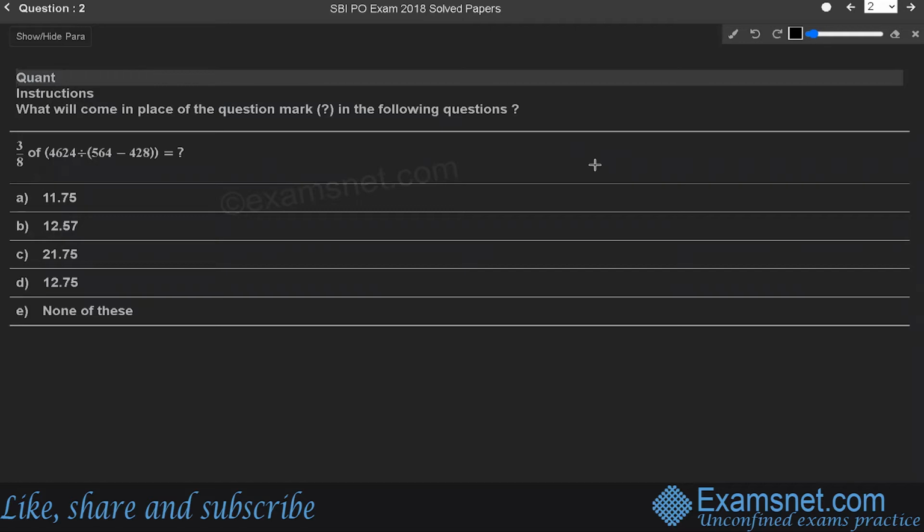Next question is 3 by 8 of 4624 divided by 564 minus 428. In this question, we have to use the BODMAS rule.